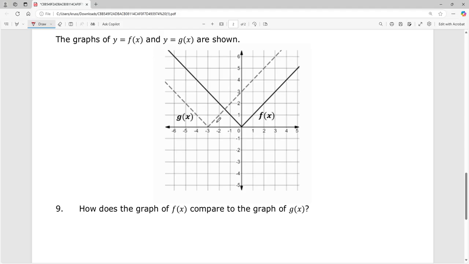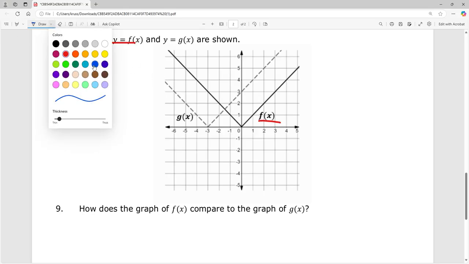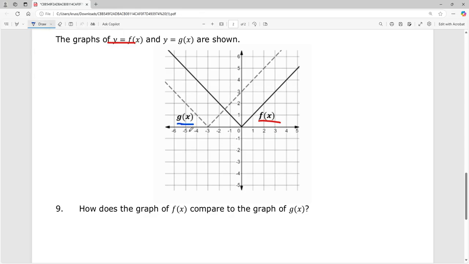All right, so here is my original equation, my red one. And then I have another equation, which is my final after my transformation is shown. How does f sub x compare to g sub x? f sub x is 3 units to the right of g sub x. If you look at this point here and this point here, they are 3 units apart.